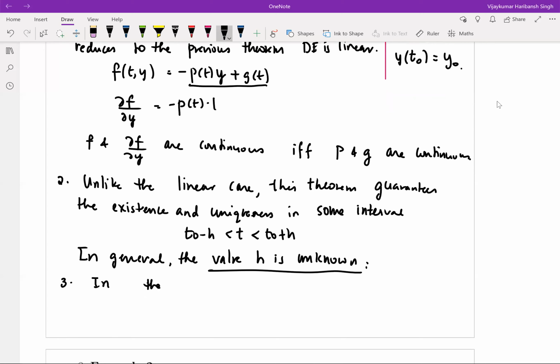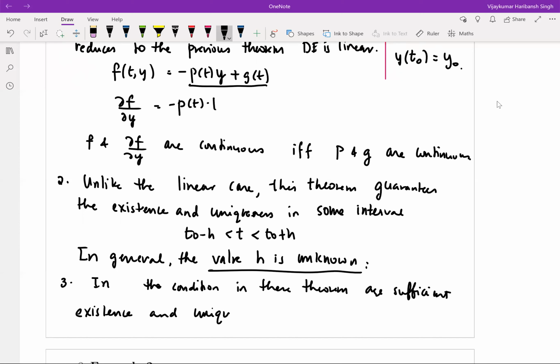the conditions in this theorem are sufficient for existence and uniqueness. But not necessary.